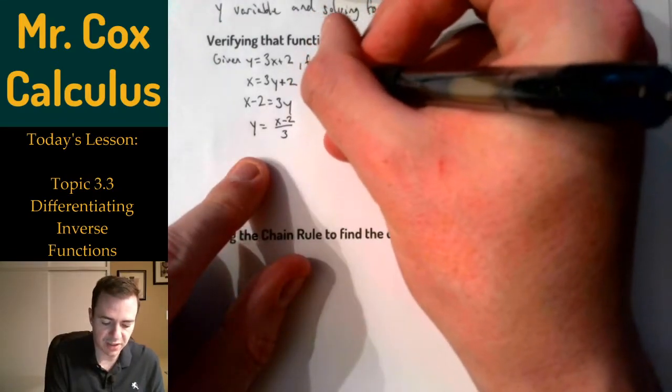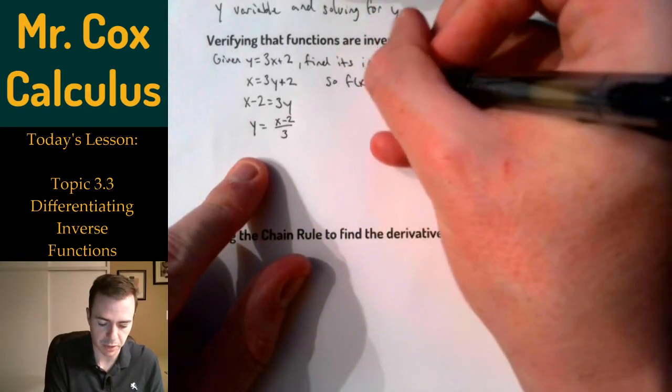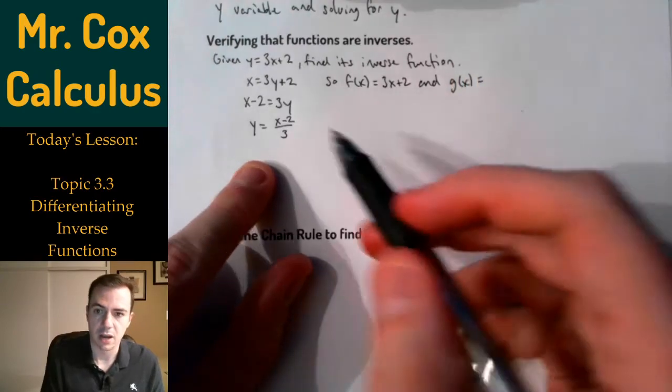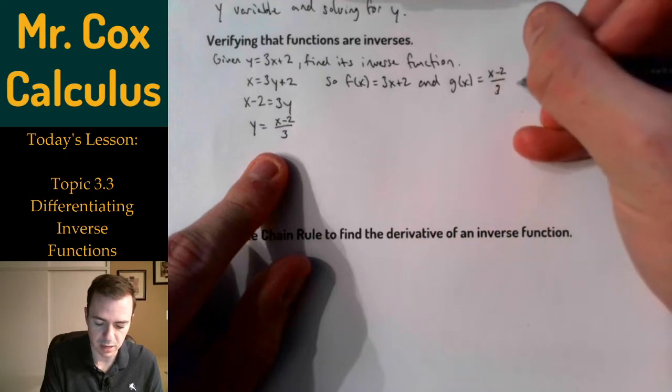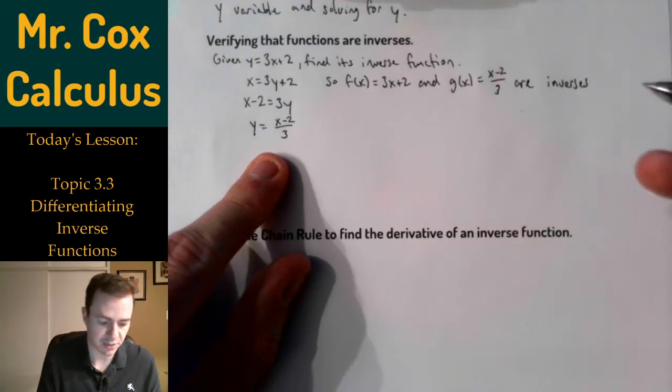So we now have this idea that the function f of x, the one that we started with, 3x plus 2, and g of x, which the inverse function is (x minus 2) over 3, they are inverses of each other.